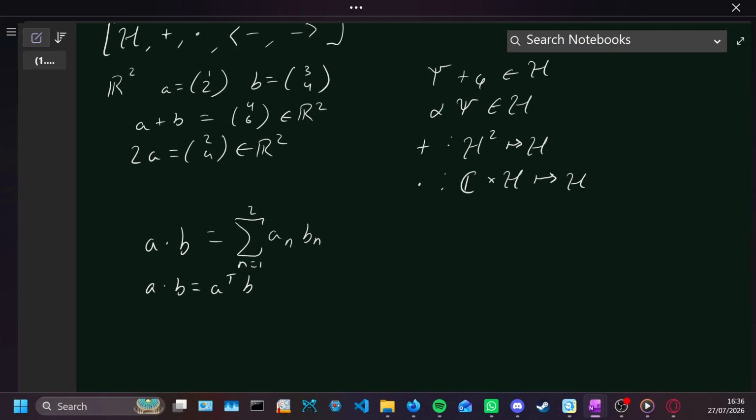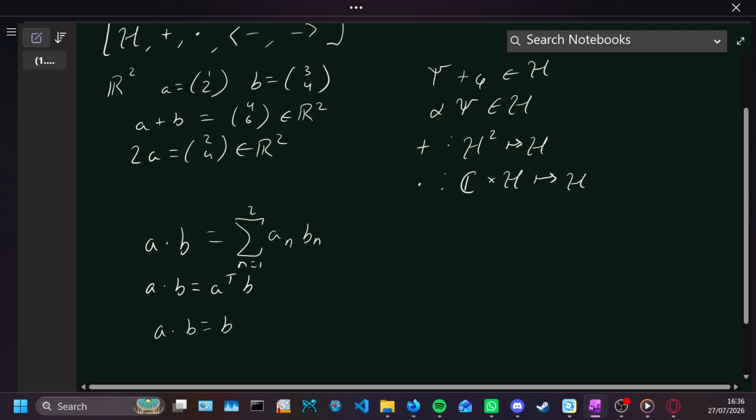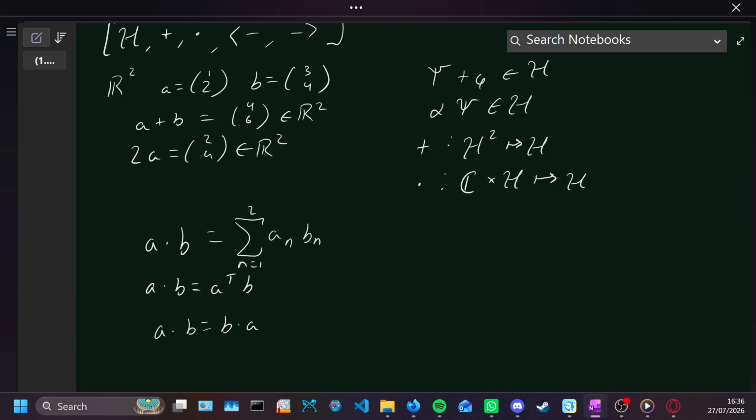The first property of this dot product is that it commutes, so A dot B is equal to B dot A. While this is true for the dot product in the reals, this generalized inner product, which might take complex numbers, is not always going to have this be the case. First, let's define our inner product. It's going to take in two vectors and spit out a complex number.